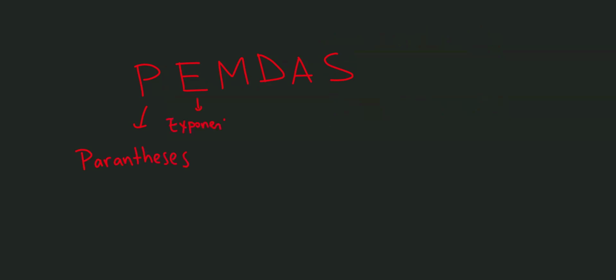M is multiplication. D is division. A is addition. And S is subtraction. So what does it mean?